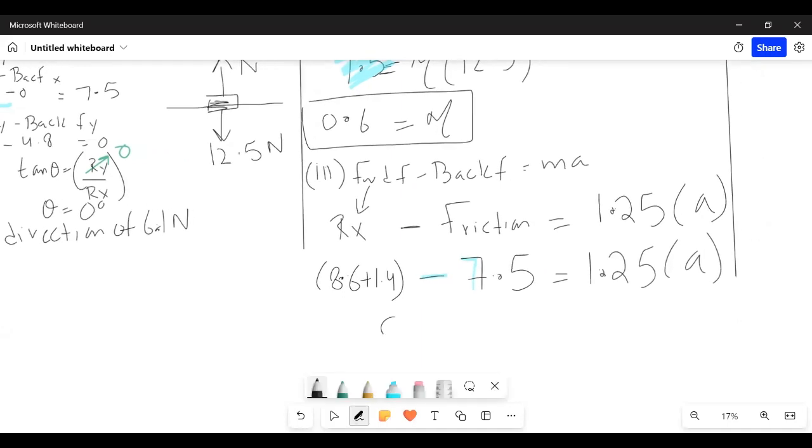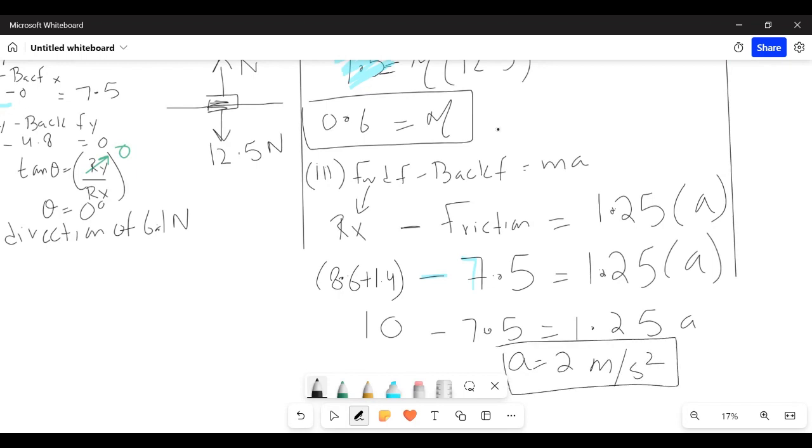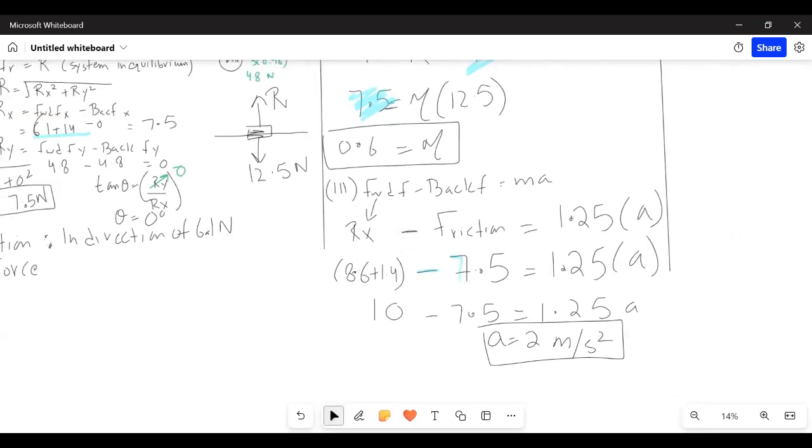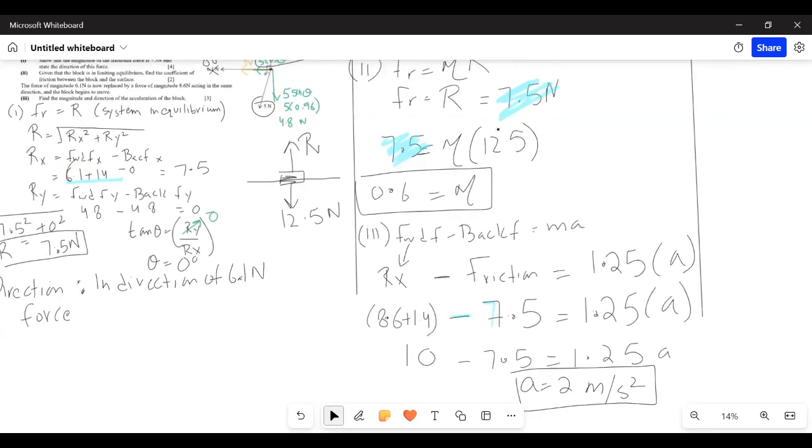That is 10 minus 7.5 equals 1.25a. Find a from here. A is 2 meters per second square. Any questions?